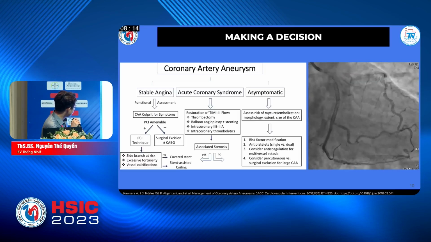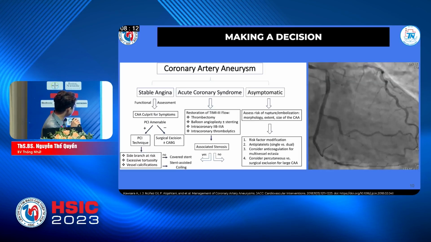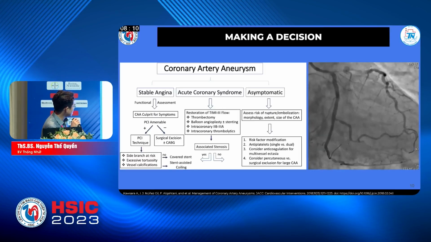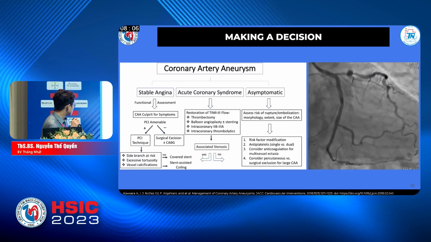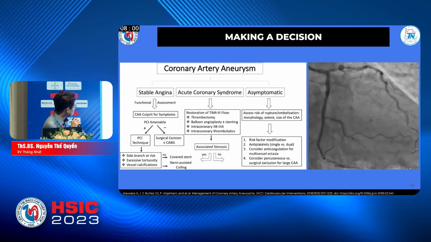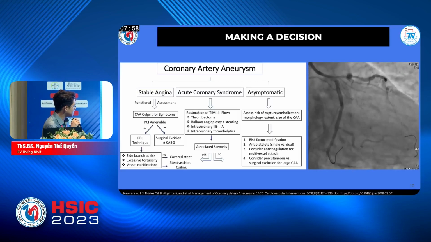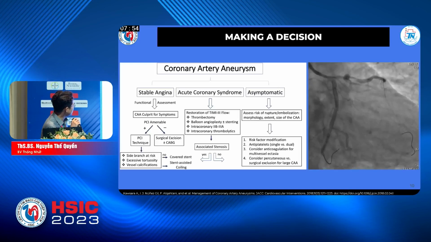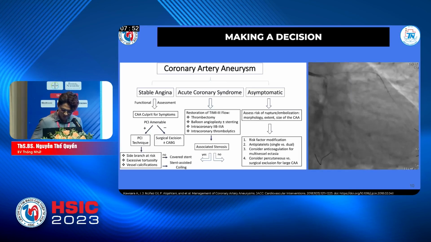Moreover, the LAD is quite tortuous and moderately calcified, as we have shown on the IVUS. With these reasons, the stent-assisted coil technique seems like a reasonable option to deal with this coronary artery aneurysm.